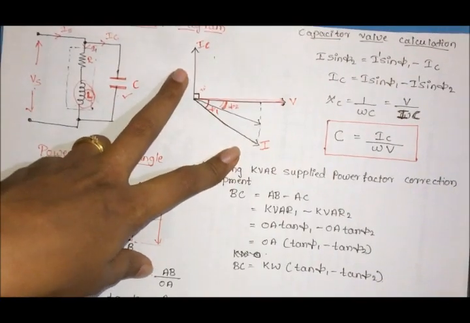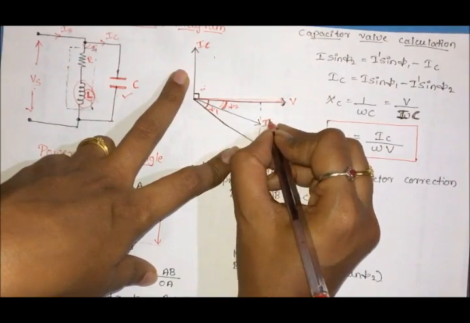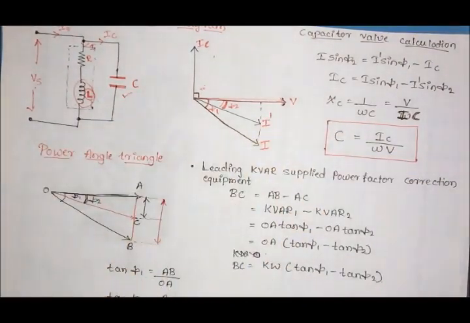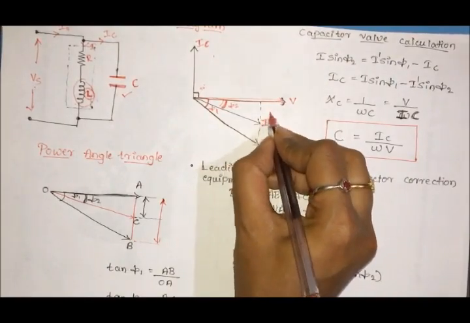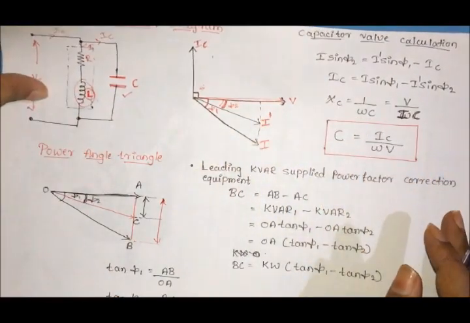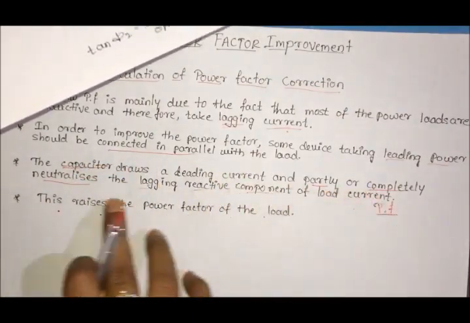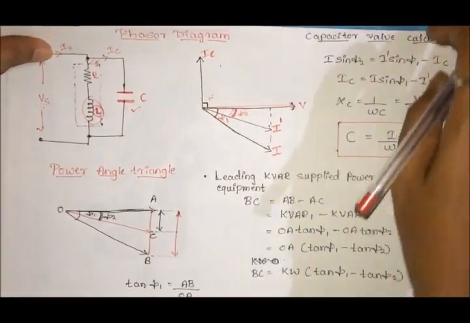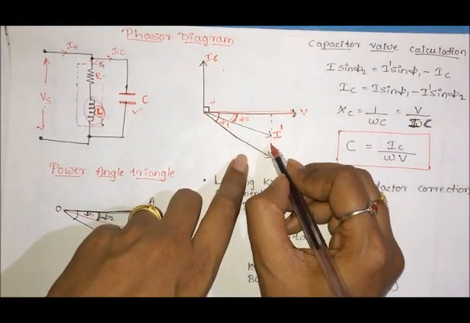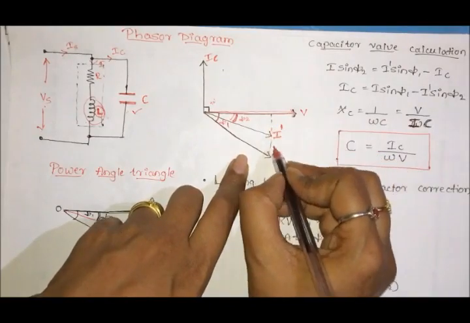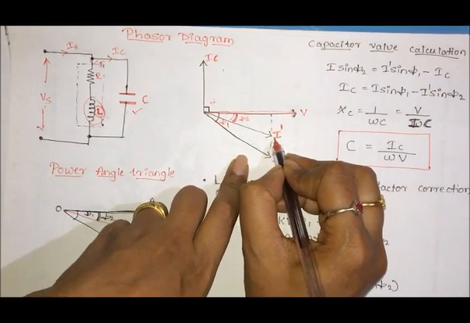The resultant of these currents will be here, which I am going to name I dash. This is our resultant current. As I said, the capacitor cannot completely neutralize the lagging current, so only some portion of the current is neutralized.